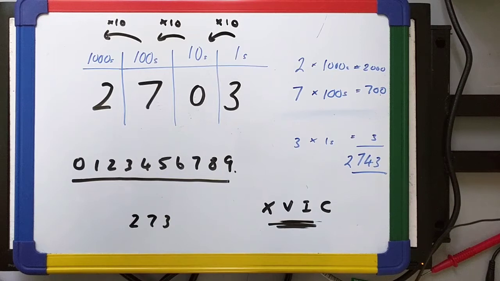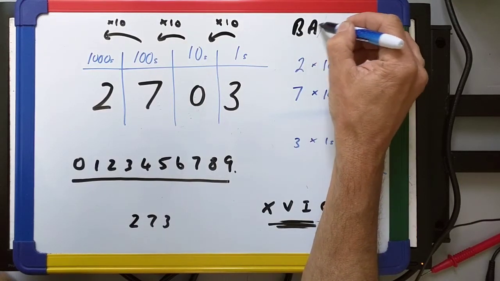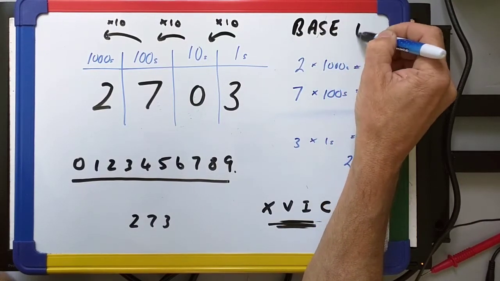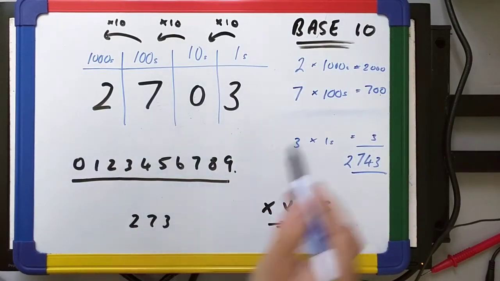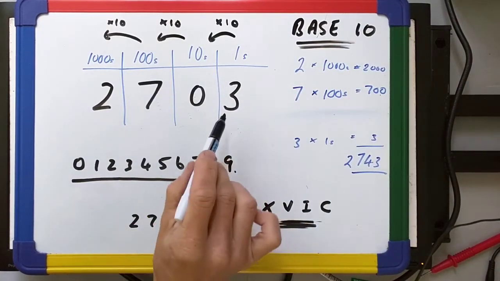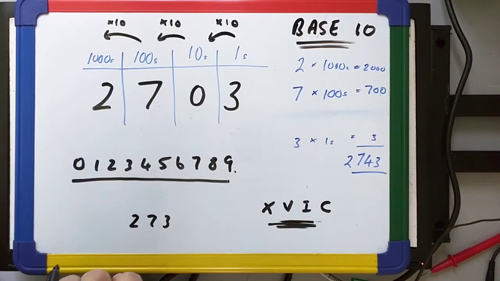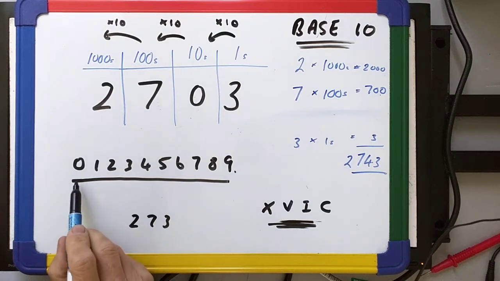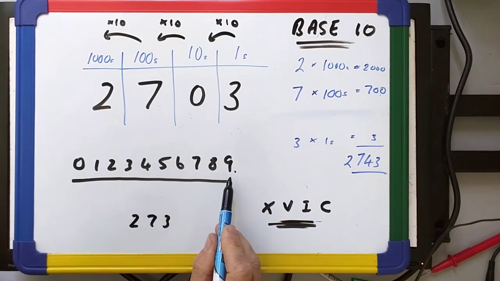So enough of the history lesson. Let's look at binary. Just before we leave this, let's recap. This is decimal, which is the numbering system you're familiar with, also known as base 10. The 10 refers to the fact that each column is 10 greater than the previous column, and also refers to the fact that there are 10 symbols, and those symbols are 0 through to 9.